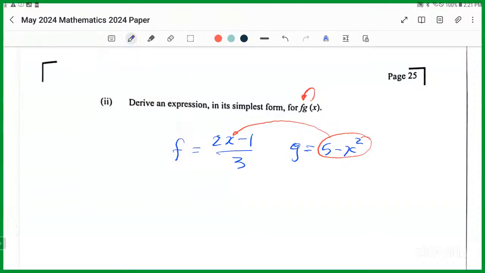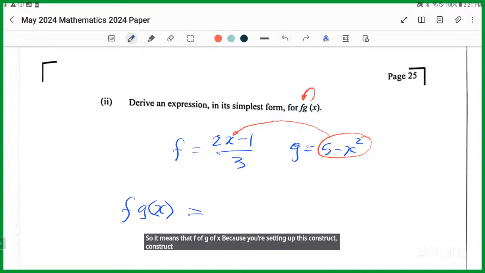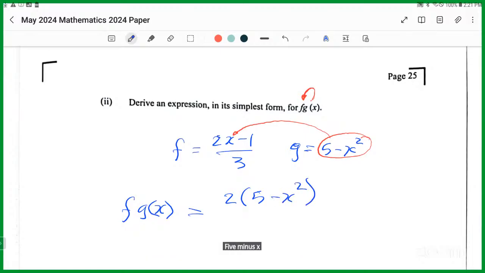So f of g of x becomes, we're constructing that substitution, 2 bracket 5 minus x squared where the x was, minus this 1, and you're putting that all over 3.